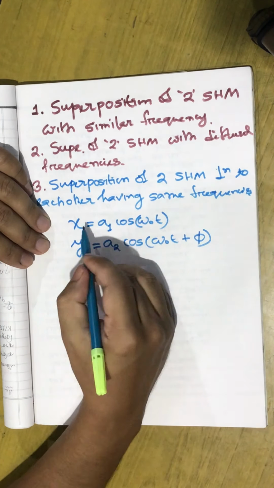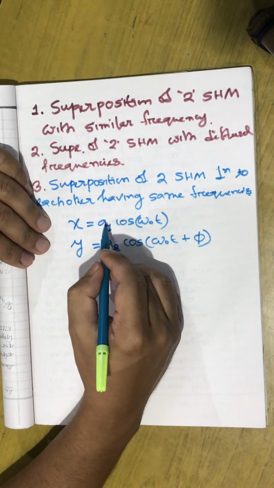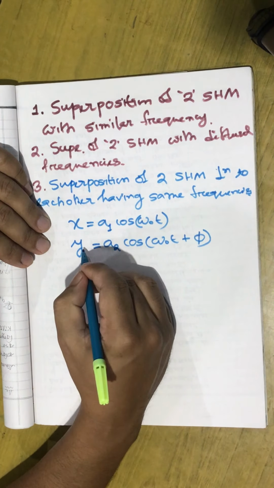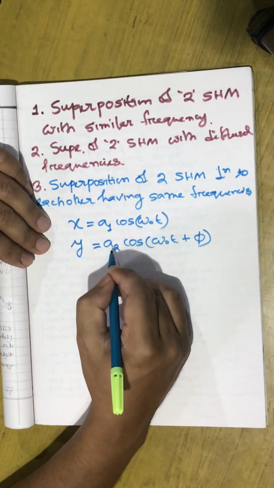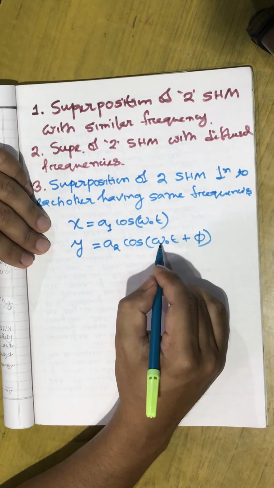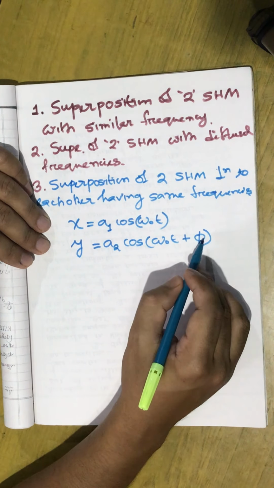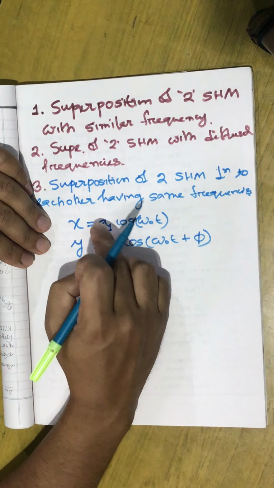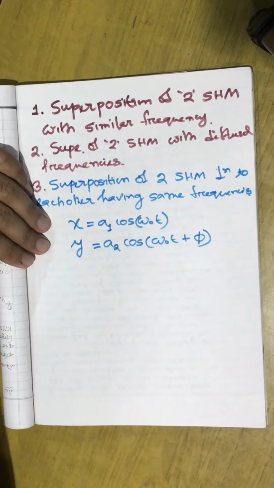The amplitude of the first SHM is a1 and its frequency is omega naught. The amplitude of the second SHM is a2 and its frequency is also omega naught, with a phase difference phi with respect to the first. And they are moving perpendicular to each other.